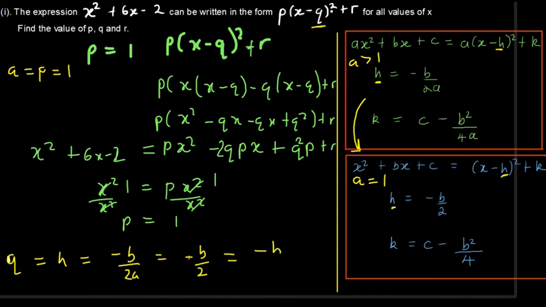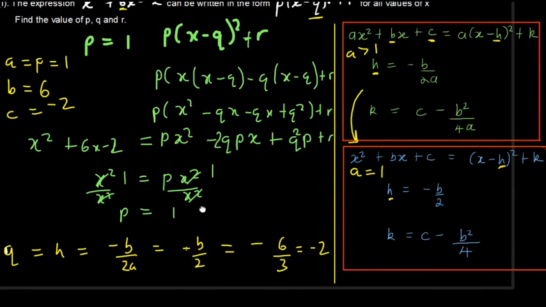Now we need to find the value of b. In the standard form, this is our b, which is 6. And c in the standard form is minus 2. So we have minus 6 over 3, which gives us minus 2.